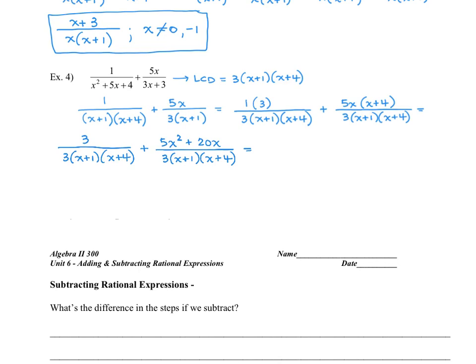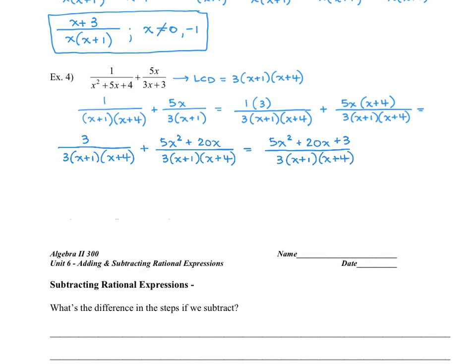Step number 5 is to add the numerators. So I'll get 5x squared plus 20x plus 3 over our least common denominator of 3 times x plus 1 times x plus 4.